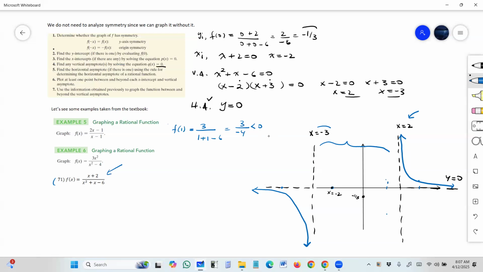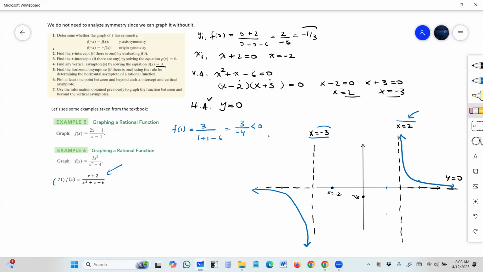Now, here's why. This is an asymptote, meaning the graph has to get closer to it. This is an asymptote, which means the graph has to get close to it. This is the y-intercept, and this is the x-intercept, meaning what? The function has to cross it or cross them.